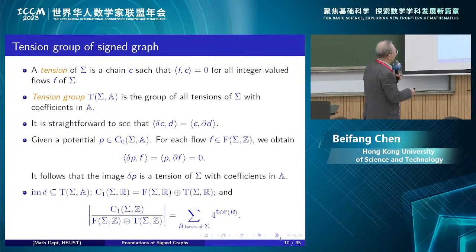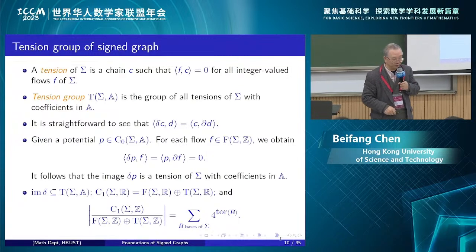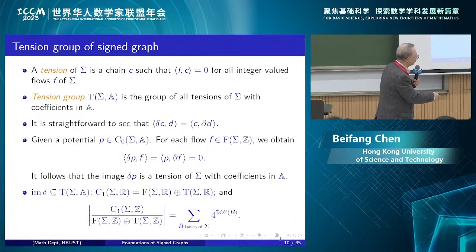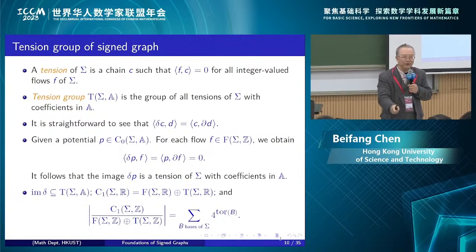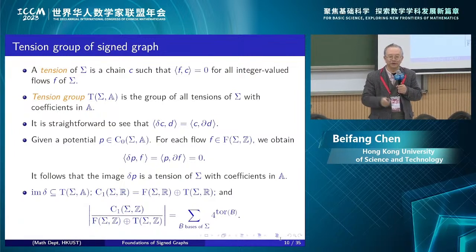But if you take your A to be the ring of integers, the rank of the two groups is the same. But the quotient is not trivial, it's not equal to 0. And for the ordinary graph, this one is equal to 1. It's just counting the number of bases. The number of bases in graph theory is called the number of trees, so this one is the number of spanning trees.